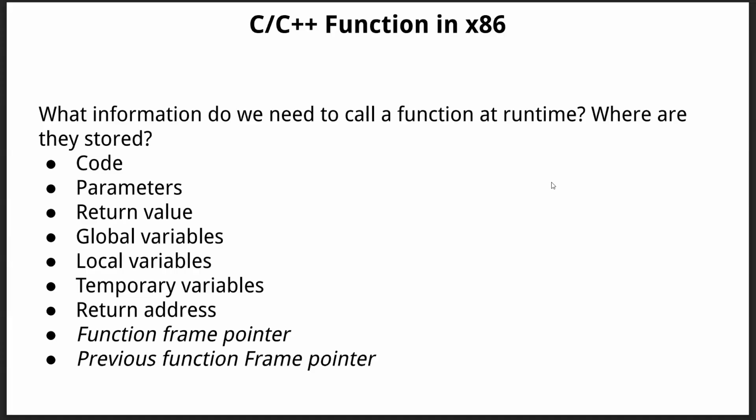Okay, so now we need to understand, for any C function or even C++ function, what kind of information we need at runtime so we can actually call that function. So, of course, for a function, first of all, you have code. You write the source code, compile to binary code, but binary code are machine instructions. So, code, first of all. Then, when you develop a function, sometimes you give it parameters.